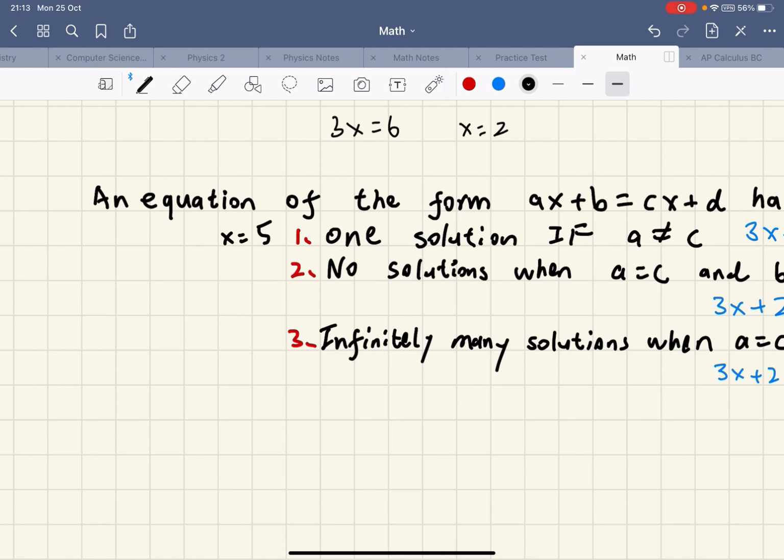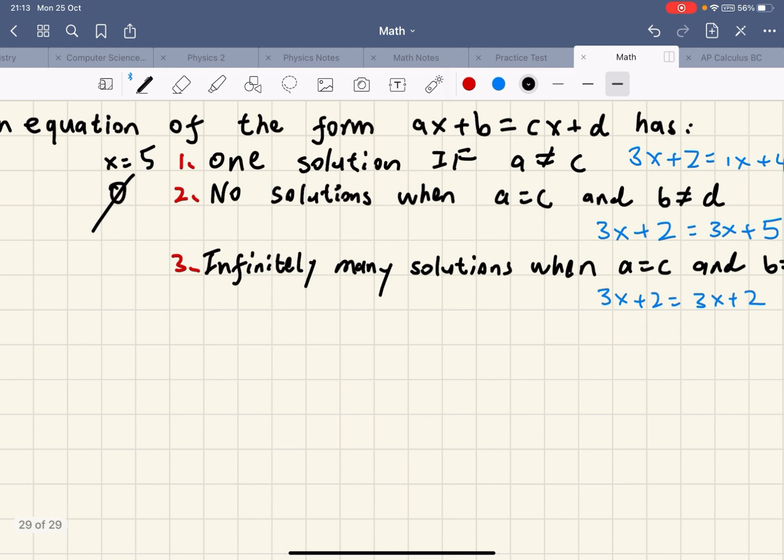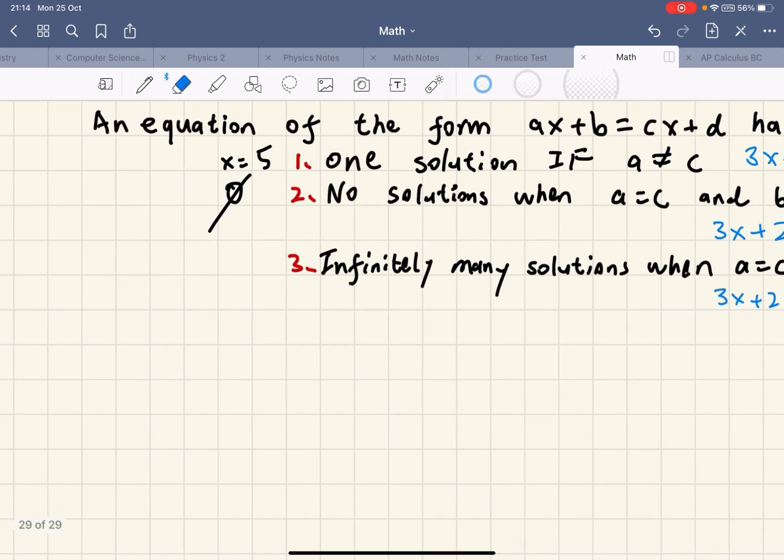If you have no solutions, the symbol you usually use is a 0 with a cross on it that symbolizes no solution. And for infinitely many solutions, you normally would write an R with a double stroke. It means all real numbers, so any number will work because it has infinitely many solutions.